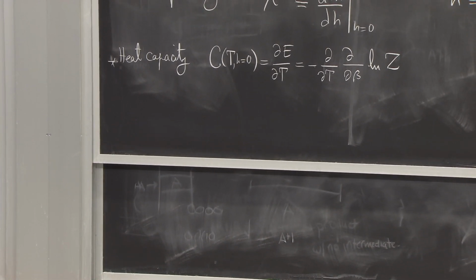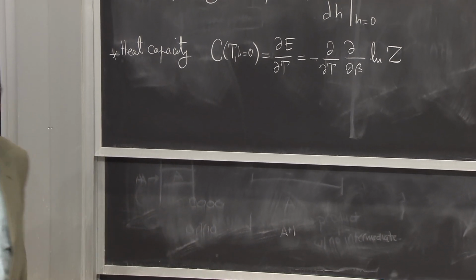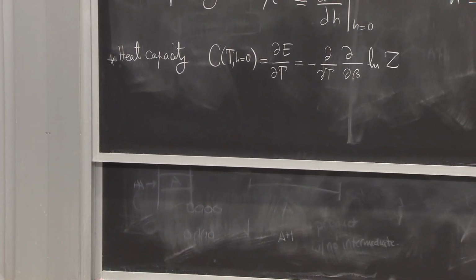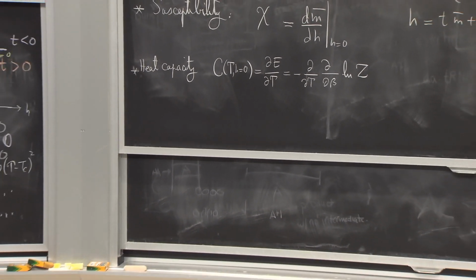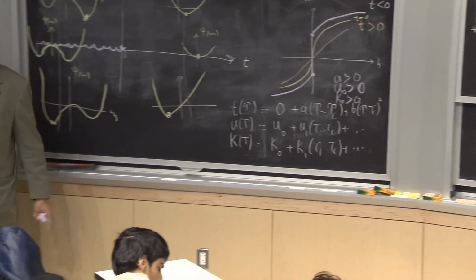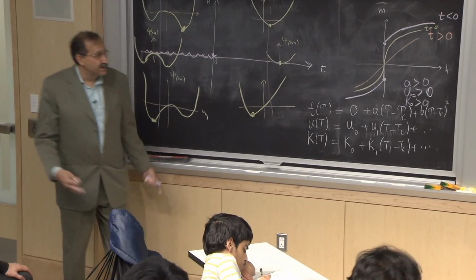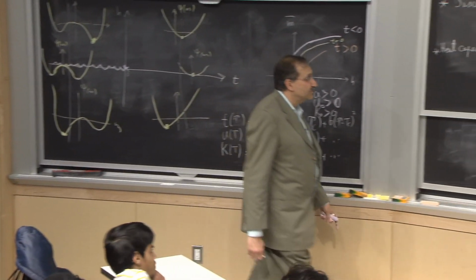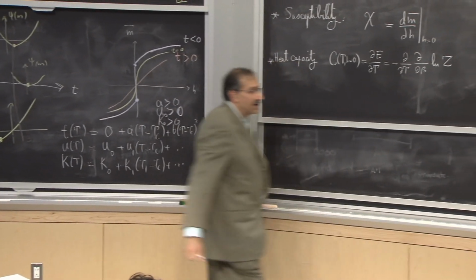Now, I have all of my answers in terms of these parameters, t, u, etc. But I know that to lowest order, there is a linear relationship between small t and the real temperature that I have to put into these expressions.